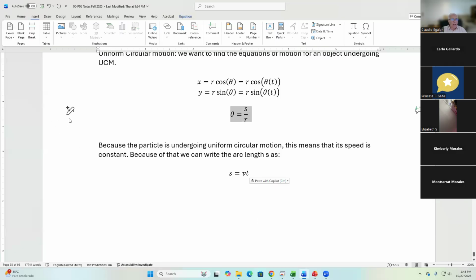And now we can write the above equation for the angle. I'm doing that because I'm going to plug this theta right in here, okay? I can write this equation for the angle as being Vt over R. And replacing that, remember what's known here, just as a reminder.